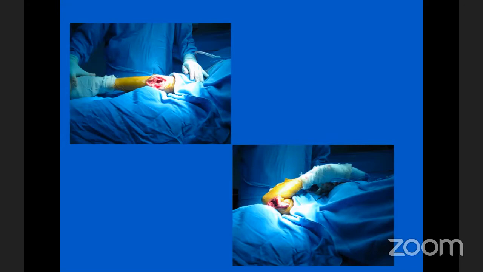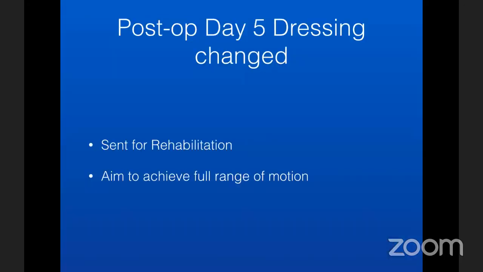The patient's hand is reaching up to the mouth, and this is full. With this, at the fifth post-operative day, the patient was sent for rehabilitation. The aim is to achieve full motion as much as was gained in the OT.